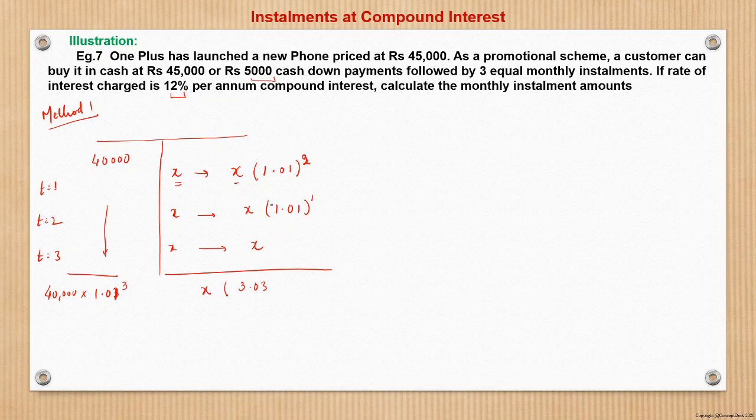So here it becomes 3.0301, right? So upon solving, x we will get as 13,600.88, right?